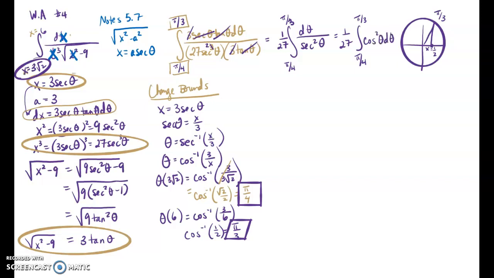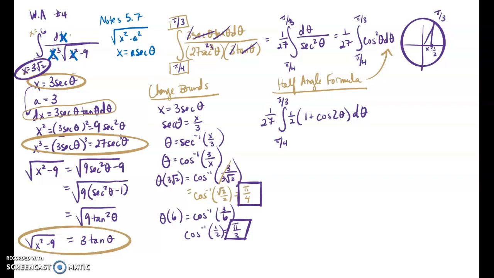And now what I need is the rule that when the power of sine or cosine is even, we use the half angle formula for that. And the half angle formula, just rewrite the whole thing now. We're going to go from, with 1 over 27 on the outside, pi over 4 to pi over 3, and then the half angle formula is 1/2 times 1 plus cosine 2 theta d theta.